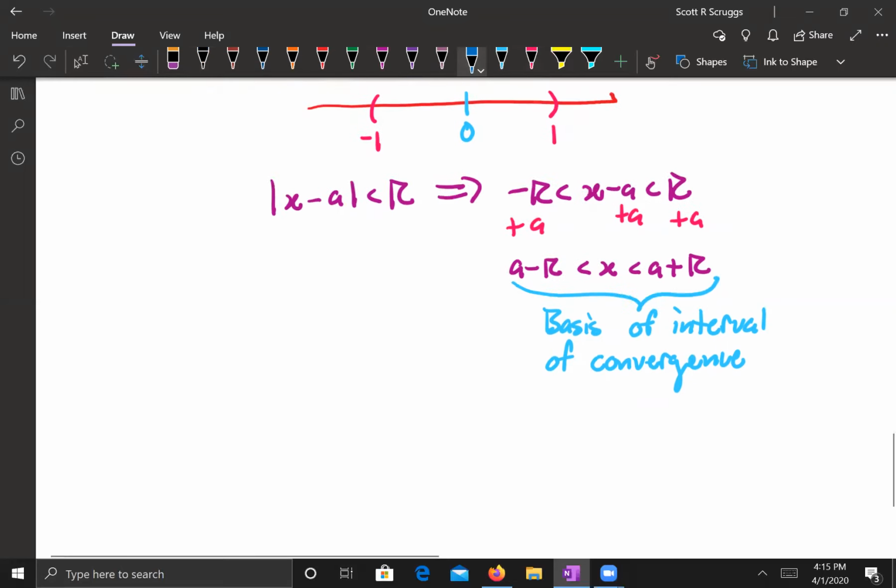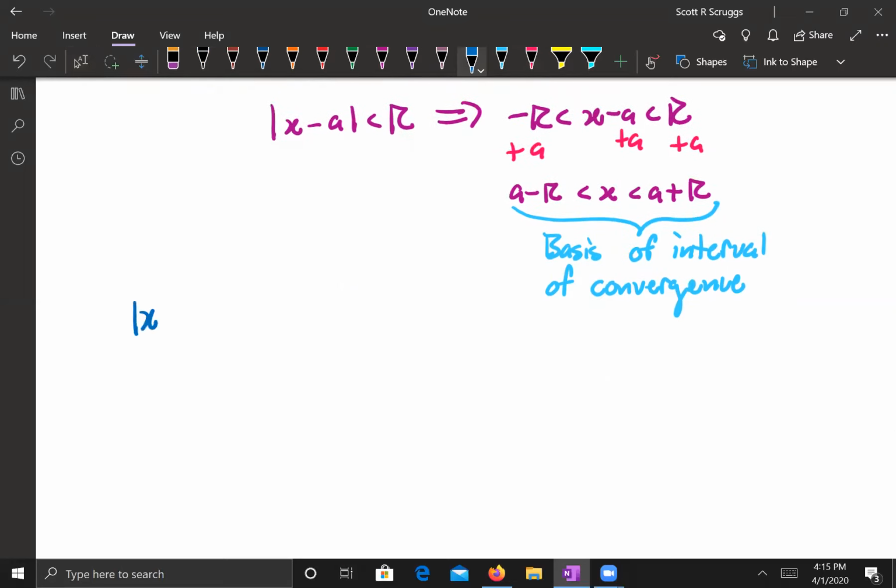I'm going to now jump back to our original example. So as mentioned before, I could rewrite an absolute value less than a quantity as -1 less than x less than 1. And so what that tells us is my interval of convergence is going to be -1 and 1.